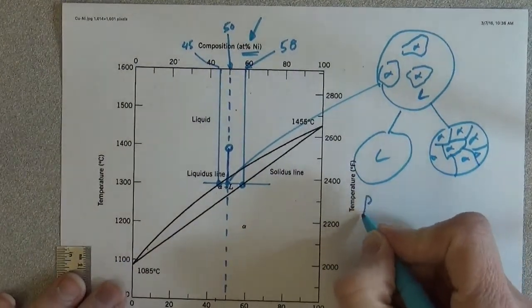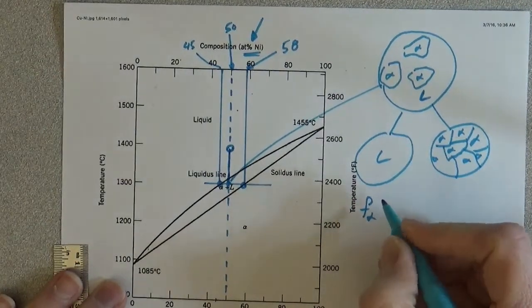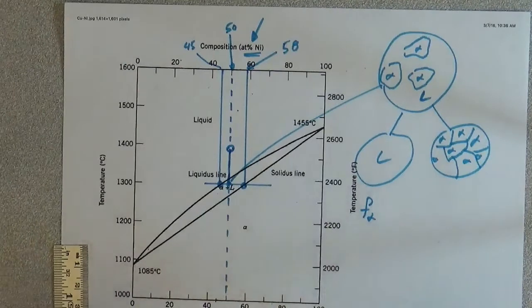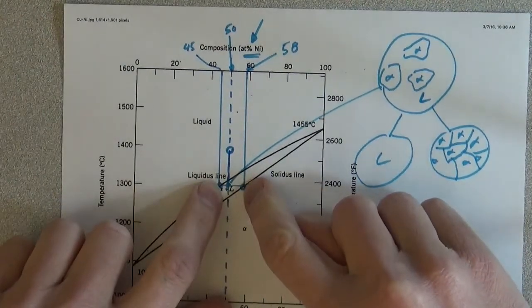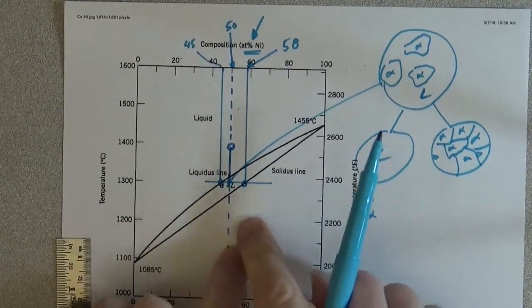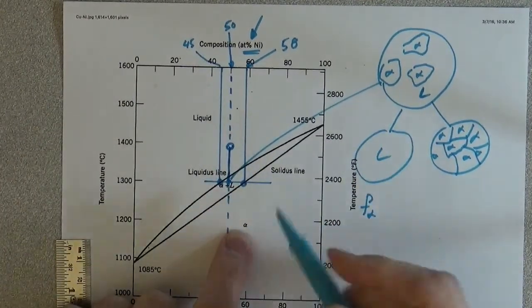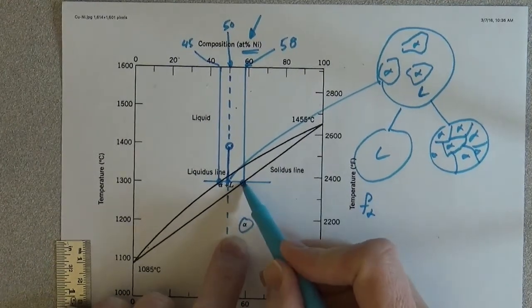And the phase fraction of alpha is given by the lever rule, where basically you look at your tie line and you look at which side of the tie line crosses into the alpha phase, because this is a two-phase region, so it's going to cross into a single-phase region, the alpha, and that's here.